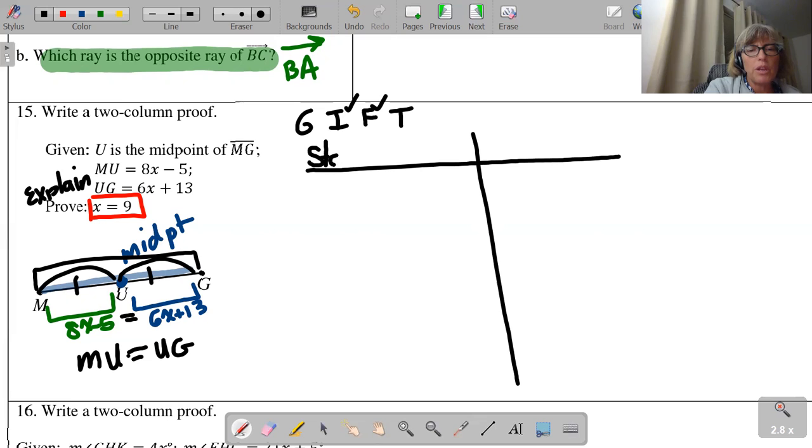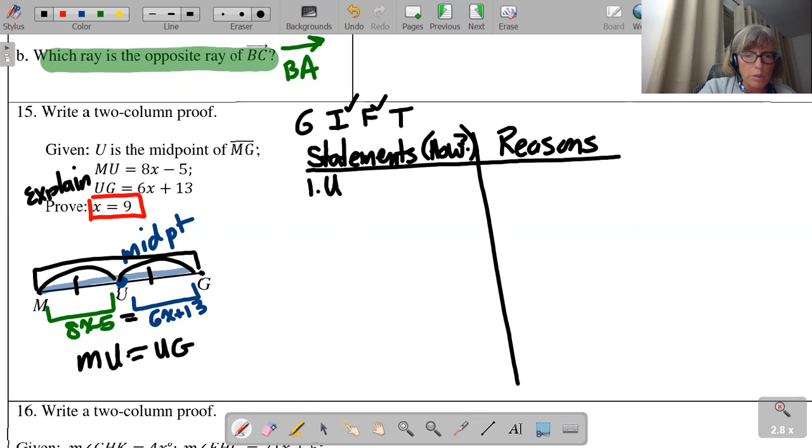Traditionally, we have something called this, statements on the left. I think of that as how, like what are the steps? And then we have reasons here on the right. Okay, so I'm going to start by writing.